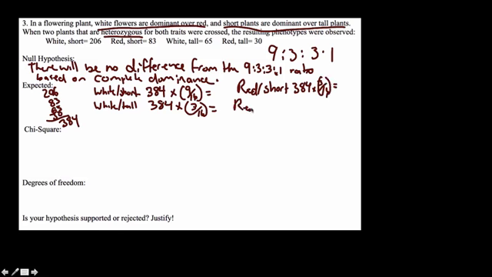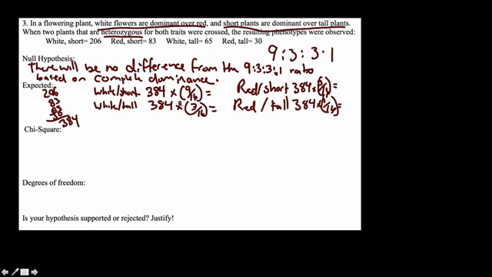And finally red, tall, 384 times 1/16. And that's the most recessive. So red and tall, so we don't expect many, 1 out of 16, to be red and tall.